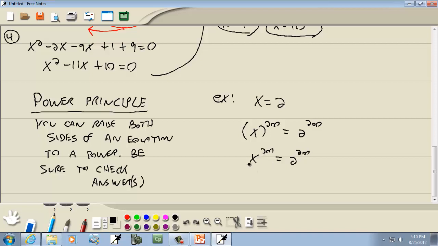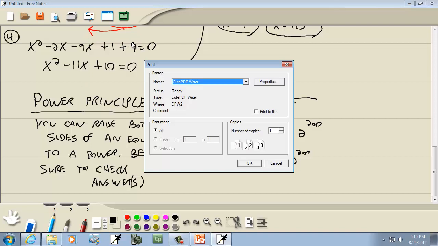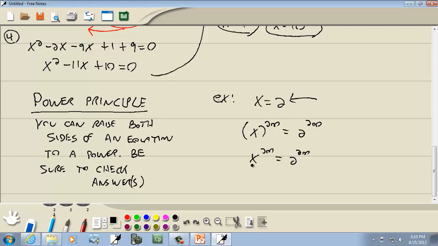Now, when we're talking polynomials, your largest power of x tells you how many answers you're going to have. Well, this says we're going to have 200 answers now. Well, but only one of them is correct. The other 199 wouldn't be, or they're duplicated, one of the two. So again, you can raise both sides to a power, but be sure to check your answer, because you'll get some extra answers that aren't right. Let me save this, and then we'll take a look at a couple of problems on that.